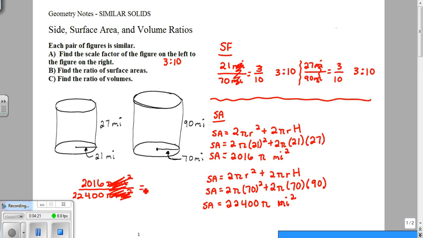When I reduce this, I'm left with 9/100, which we can write as the ratio 9/100.